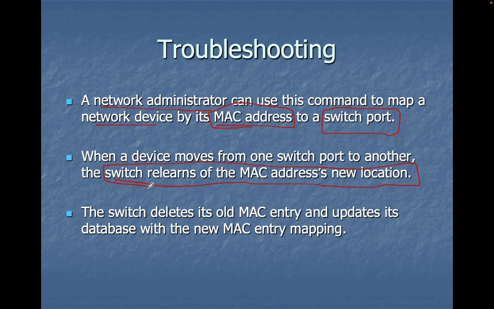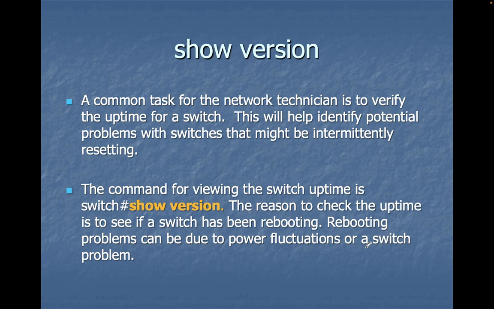Now the switch deletes its old MAC entries and updates its database with the new MAC entry mapping, because the device moved to another location and is accessing a new MAC address. So the old one will be deleted from the database and the new one will be relearned.